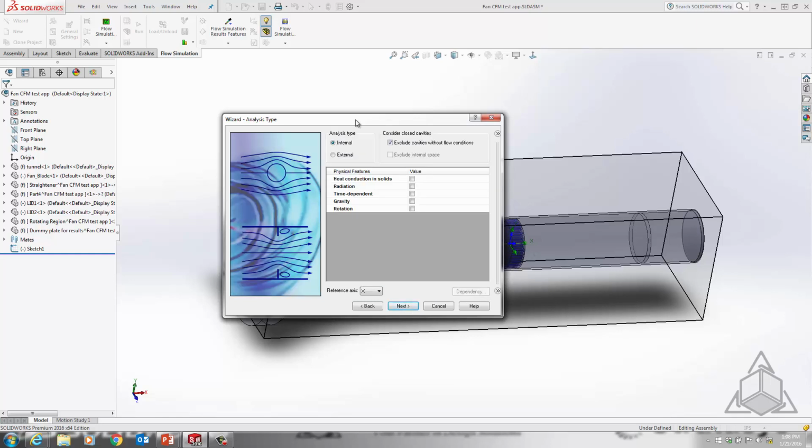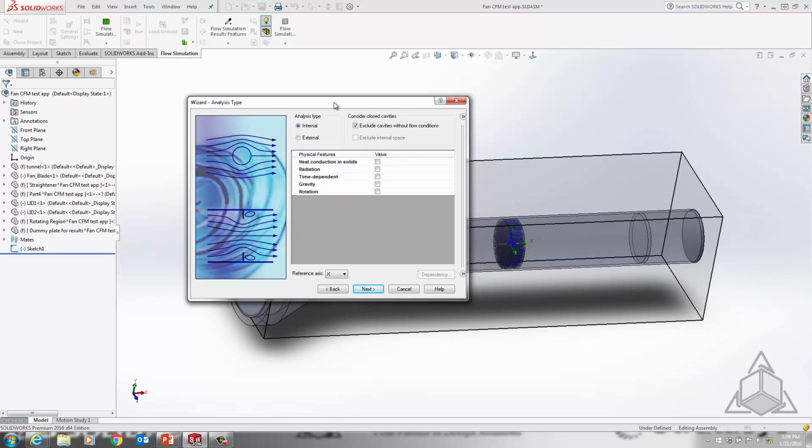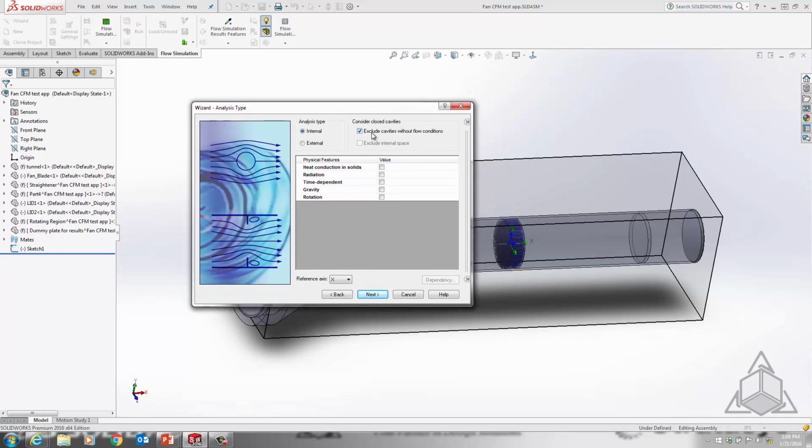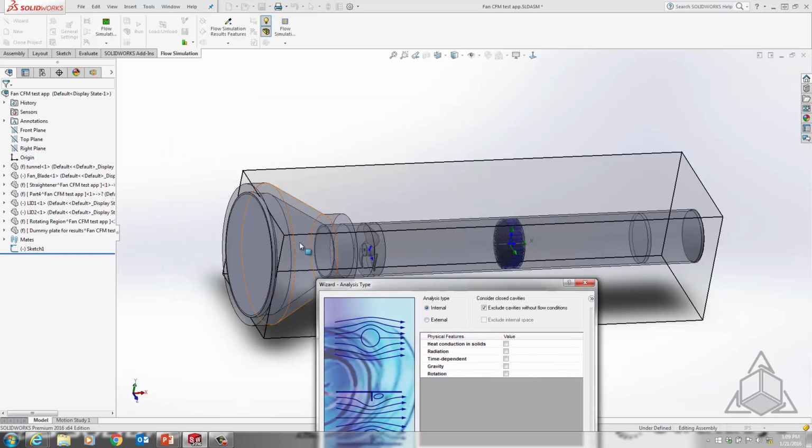This is where we specify what type of analysis we're looking at. Flow Simulation has a number of analyses you can run, and I'll show you later what modules come with this computational fluid dynamics package. For this instance, I'm going to use an internal analysis. I don't need to consider external, because all my air is being controlled within an internal system.